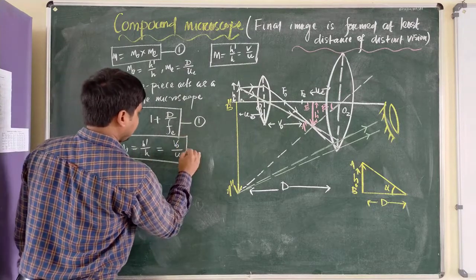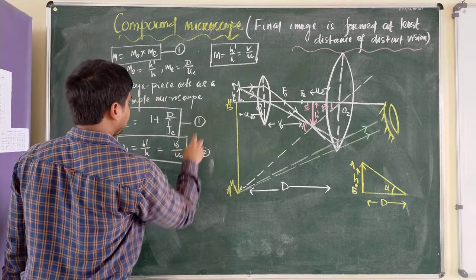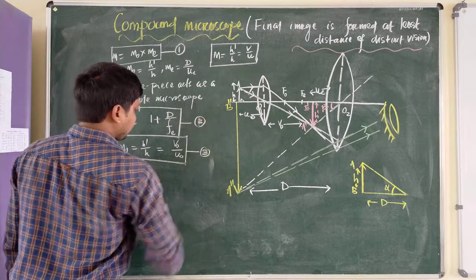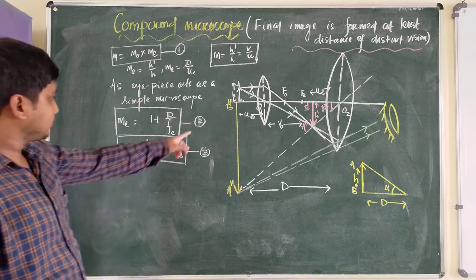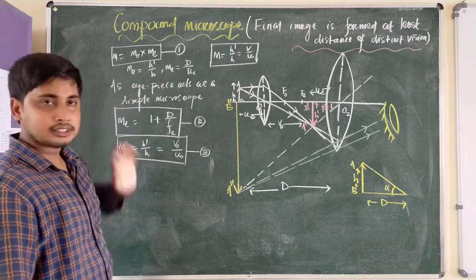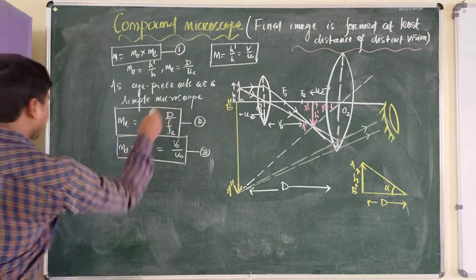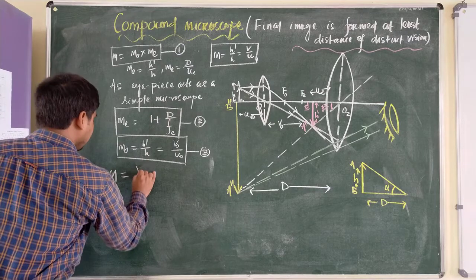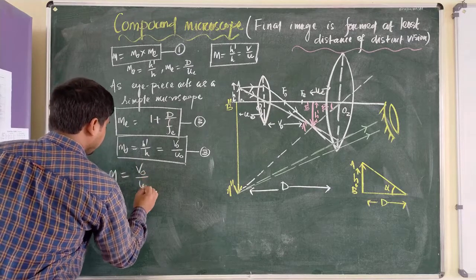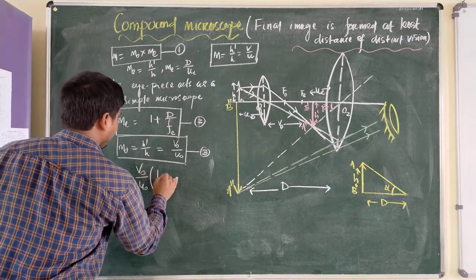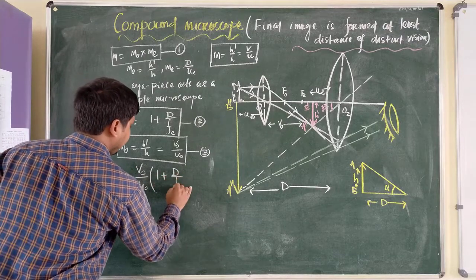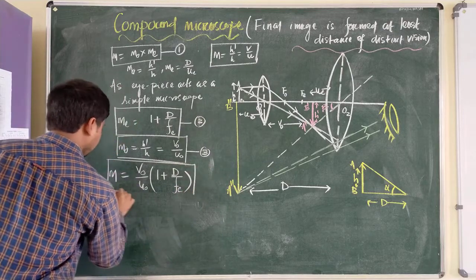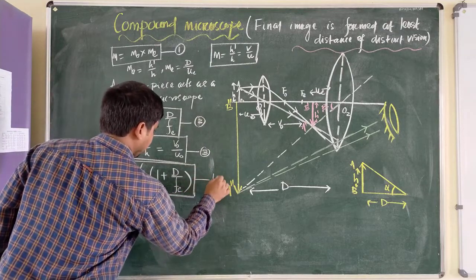So now if we use this equation number 2 and equation number 3 in our equation number 1, then we get the net magnification M as VO by UO whole into 1 plus D by FE. This is equation number 4.